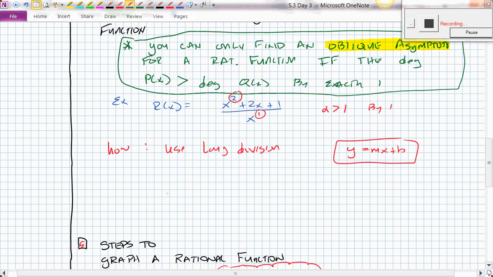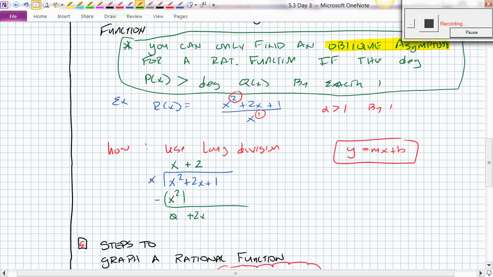So here's what we're going to do. We'll take x, and then we've got x squared plus 2x plus 1. So I have x squared plus 2x plus 1 divided by x, and we'll use our long division skills. X goes into x squared x times, so x times x is x squared. And again, I subtract here, gives me nothing. Bring down positive 2x. X goes into 2x, oh, I don't know what I was just doing right there.